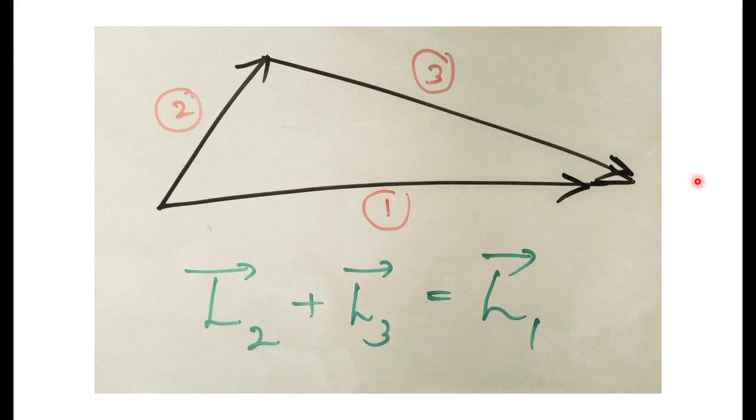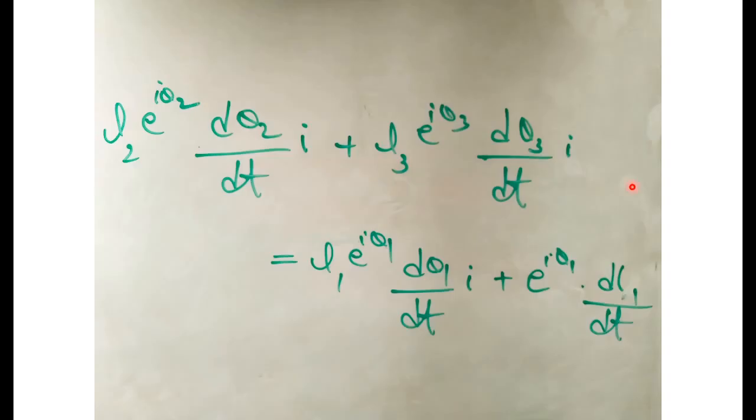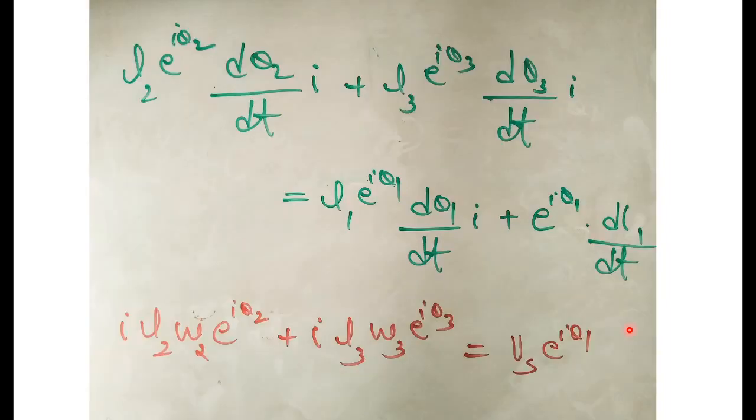That length will change only when the slider moves. So the rate of change of L1 will be the velocity of the slider itself. Therefore dL1 by dt we can write as the velocity of the slider, or V of S.